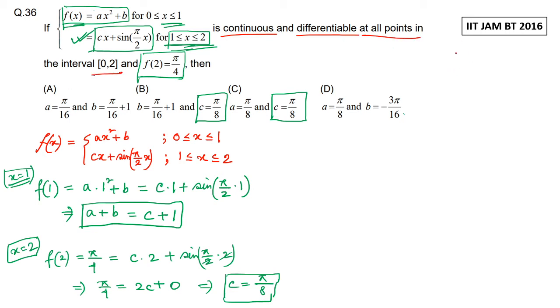That means if I draw a curve like this, suppose, if this is the x-axis and this is the f(x) axis, then if this point is 0, this is 1, this is 2. So in the range 1 to 2, in this region f(x) is continuous. It's not a straight line but a continuous curve.